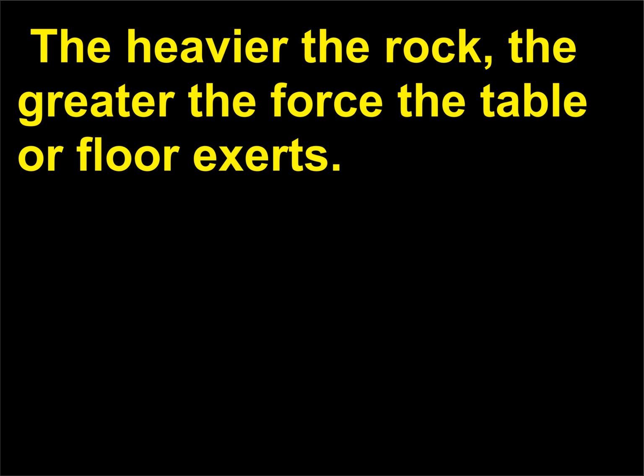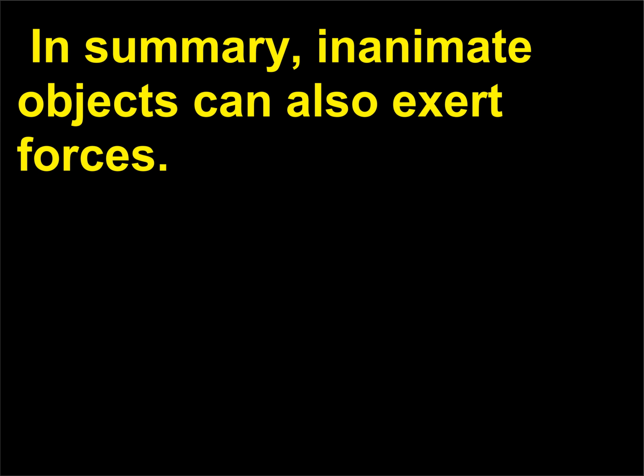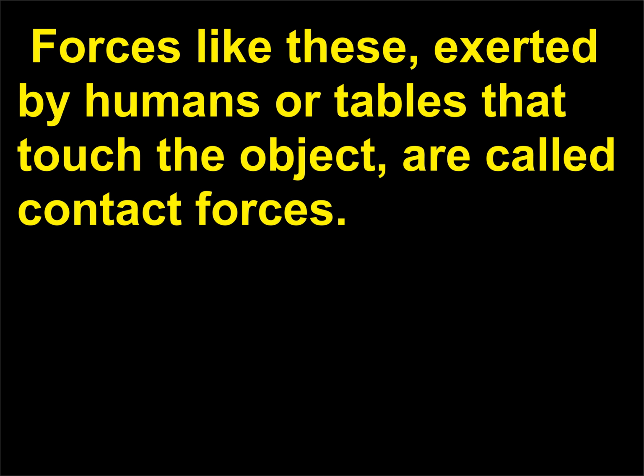The heavier the rock, the greater the force the table or floor exerts. In summary, inanimate objects can also exert forces. Forces like these, exerted by humans or tables that touch the object, are called contact forces.